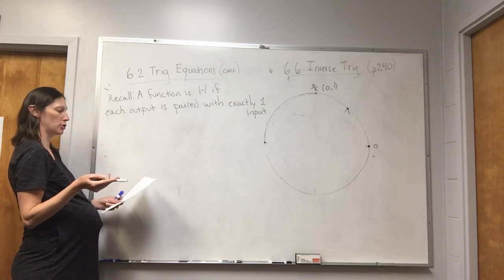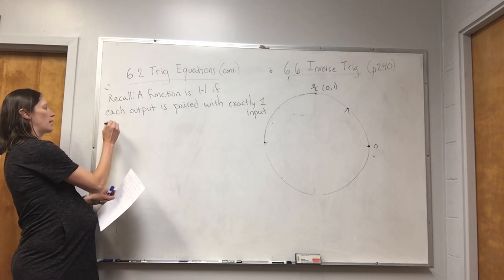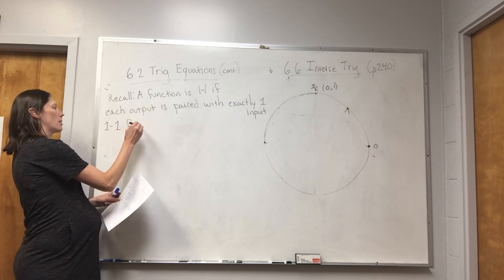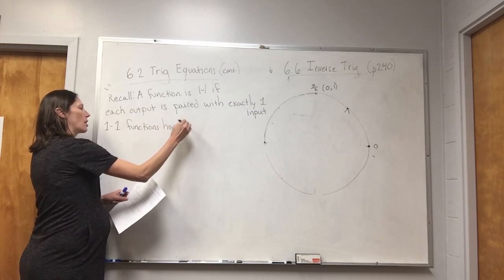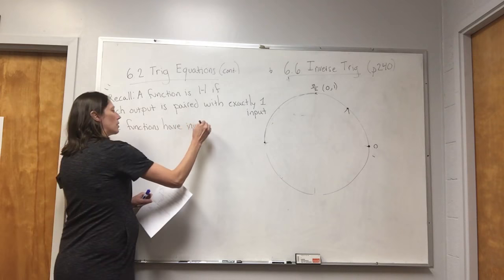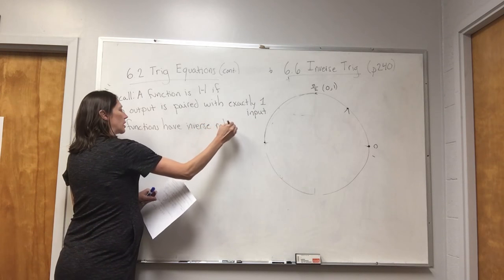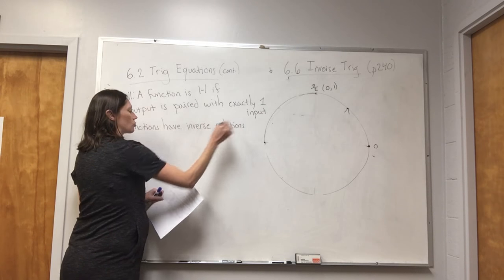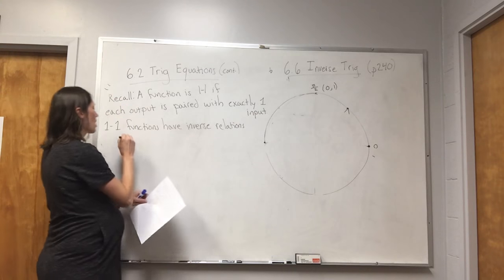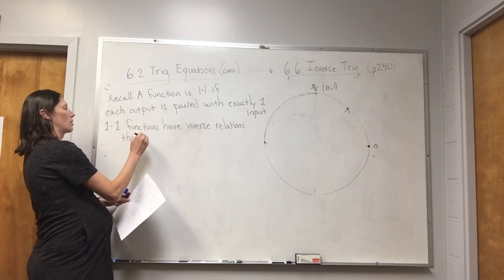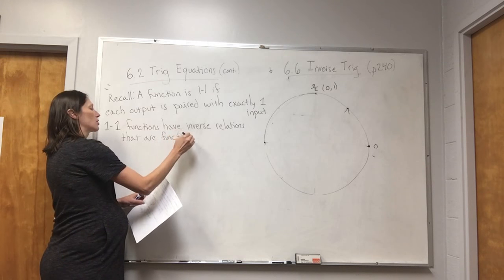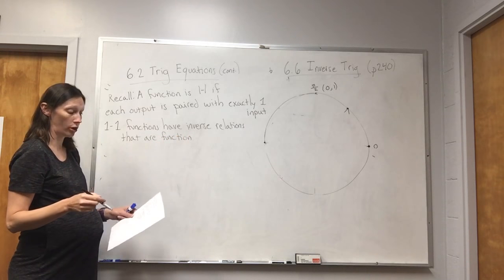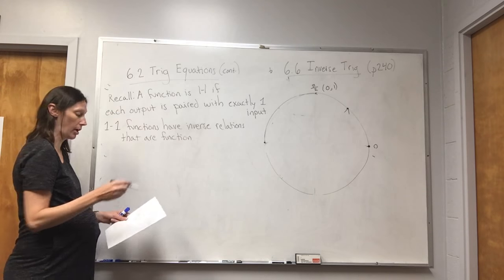Why did we care about this property? The property said that one-to-one functions have inverse relations. Relations are just rules, mappings, pairings that are also functions. So if I'm not a one-to-one function, my inverse is not going to be a function at all, and we'll start to have problems, okay?